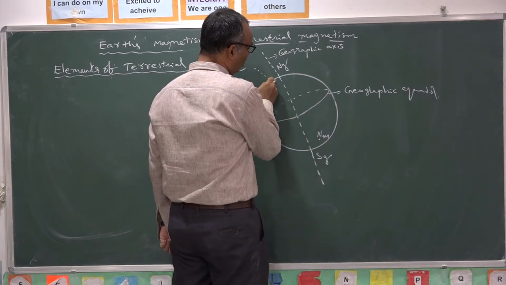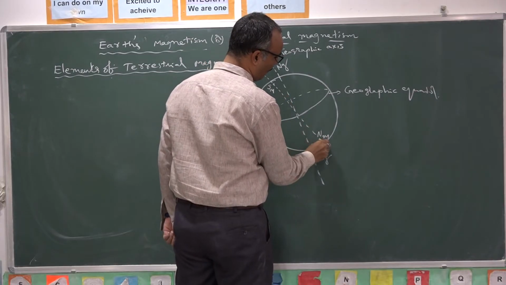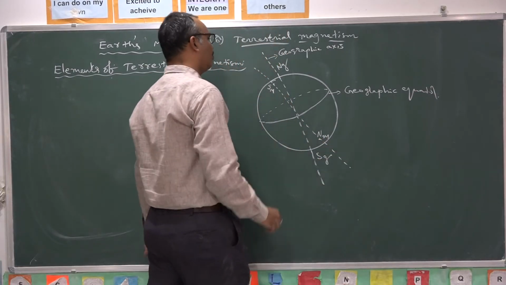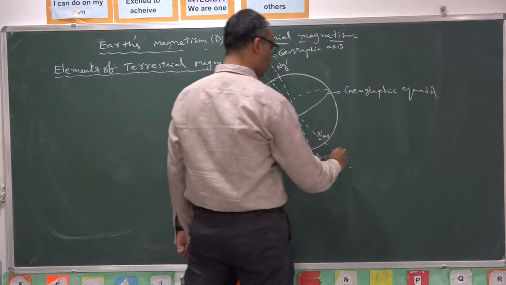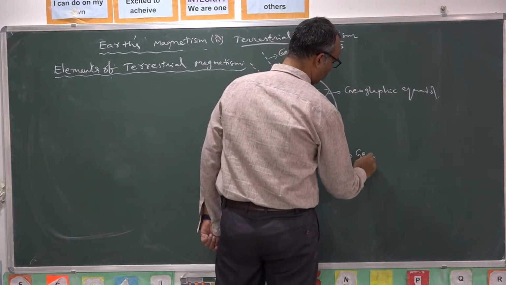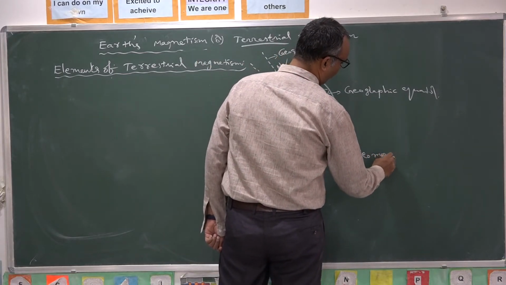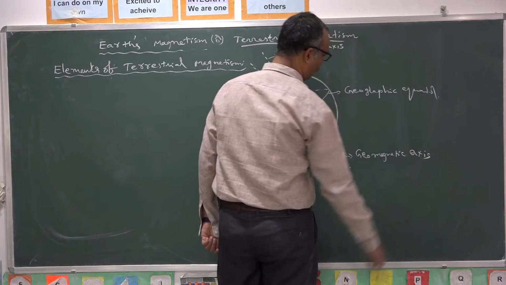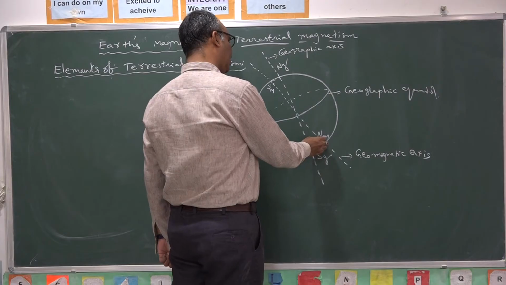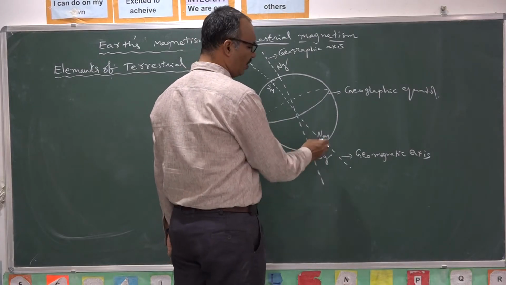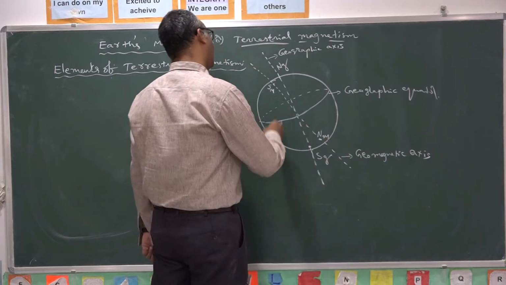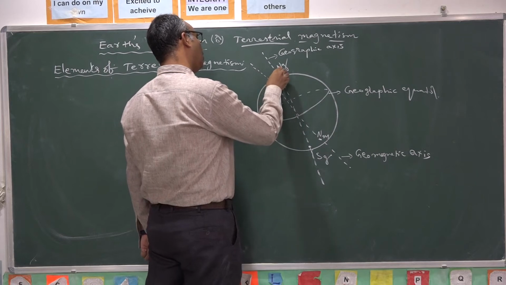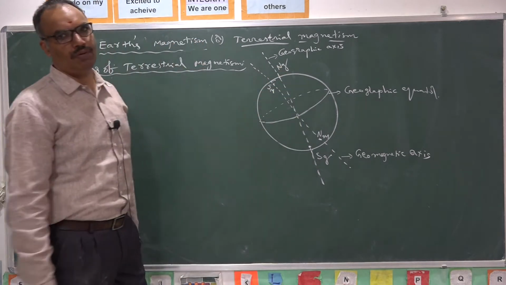So if you join these two, this axis is called the geomagnetic axis. Earth magnet's north pole is nearer to the geographic south pole. Earth magnet's south pole is nearer to the geographic north pole.